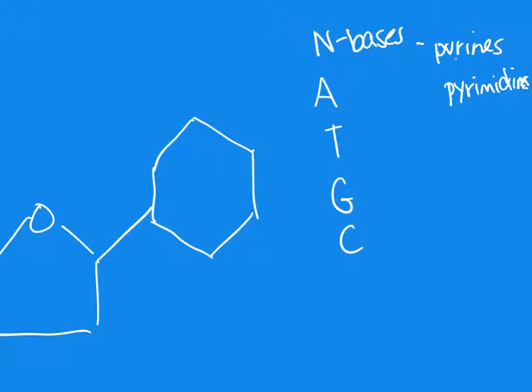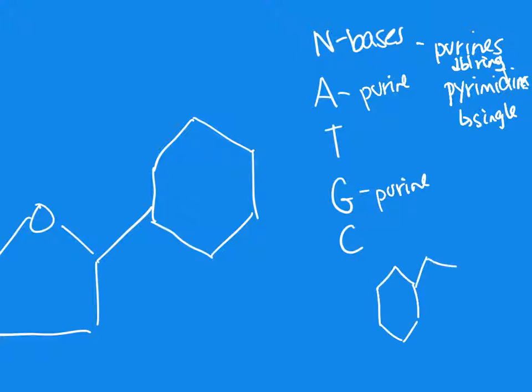Purines were double ring structures. Pyrimidines were single ring structures. We said that your purines would be like pure silver, cost double. Ag is this one. So adenine is a purine. Guanine is a purine. It's a double ring structure, so it would look something like this.